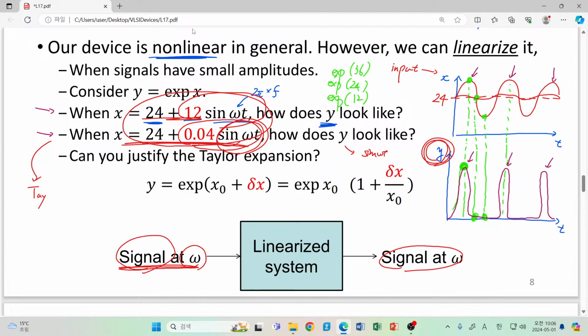You will find the clear distinction between these two cases. The system itself is just kept as y equal to exponential x. We have not changed the system itself. The only thing we have done is, instead of supplying a large amplitude input signal, we just consider a small input signal, then the behavior of our system seems to change, although its essential point is not changed, but we can approximate it as a linear system.